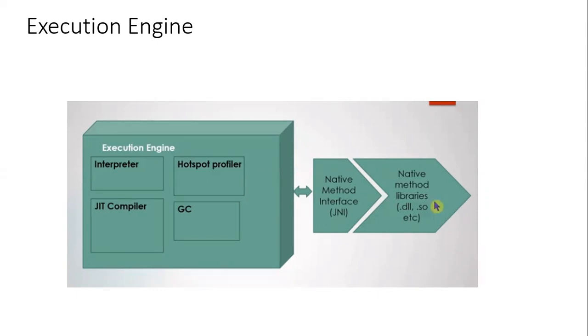There's something called the JIT compiler and the hotspot profiler. These two are to improve our performance. The hotspot profiler will keep on looking into the execution. It will look for how to improve your performance. It will note down all the frequently used methods, frequently used execution items, right? So there are multiple methods.